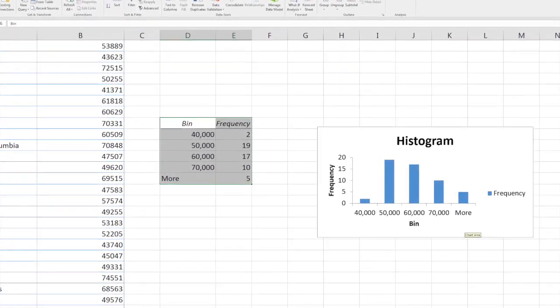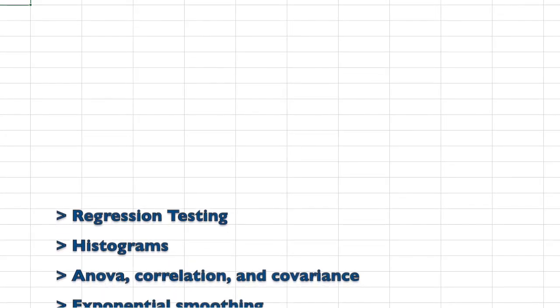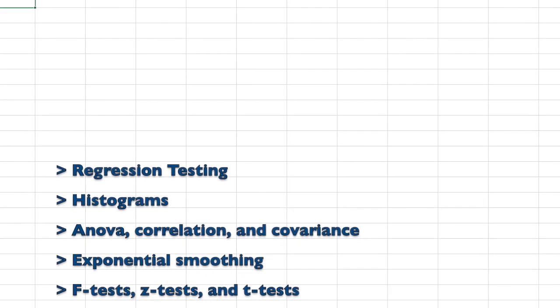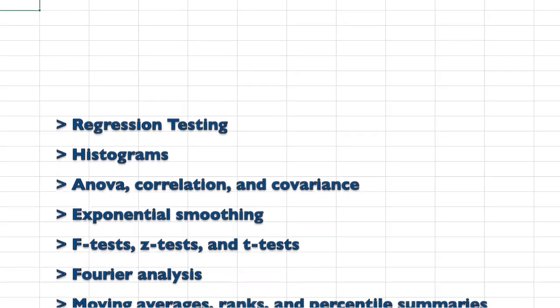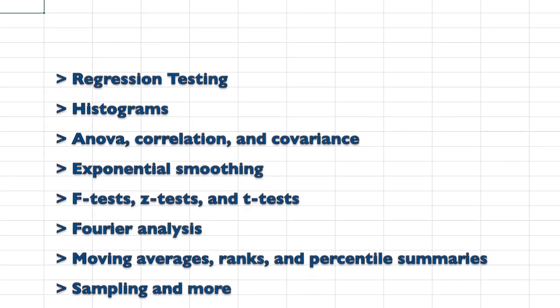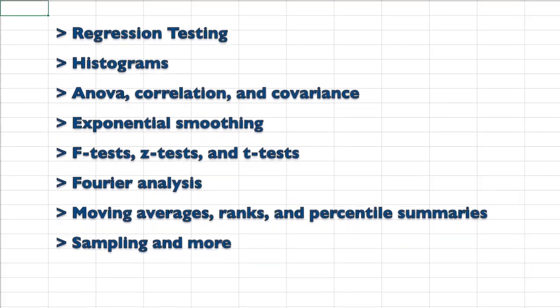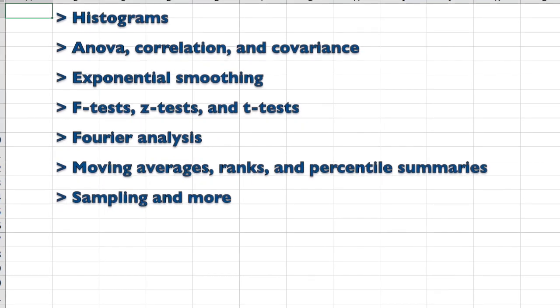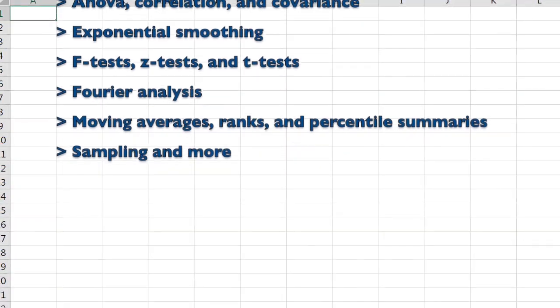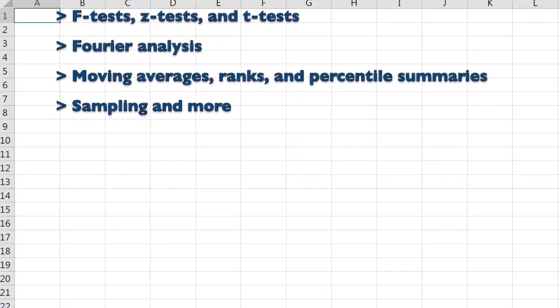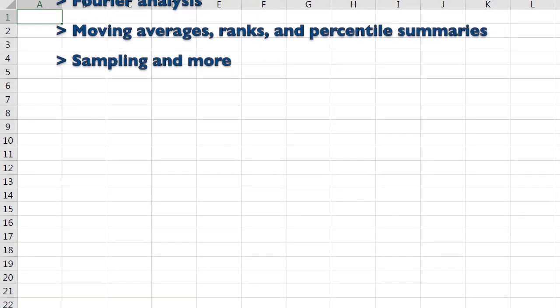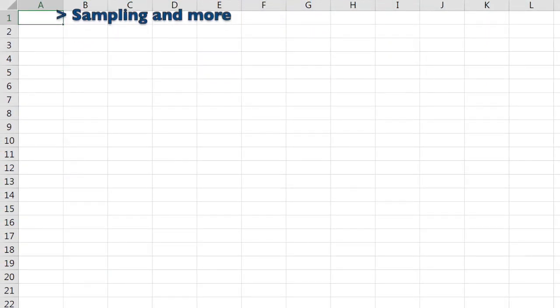Doing so will give you tools for regression testing, histograms, ANOVA, correlation and covariance, exponential smoothing, F-test, Z-test, and T-tests, Fourier analysis, moving averages, rank and percentile summaries, sampling, and a more sophisticated random number generator than the standard function.